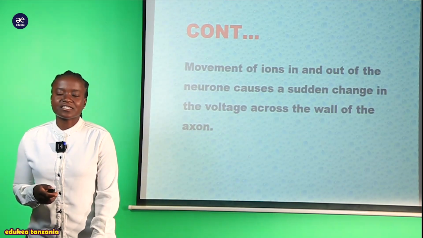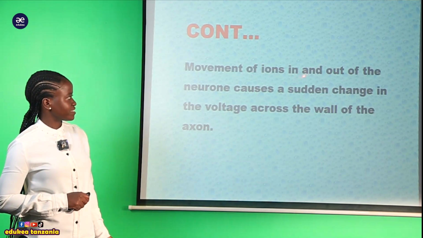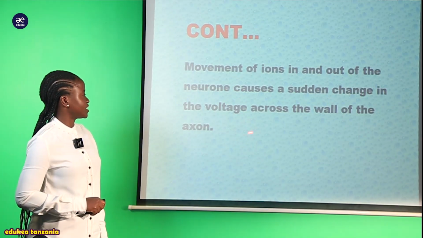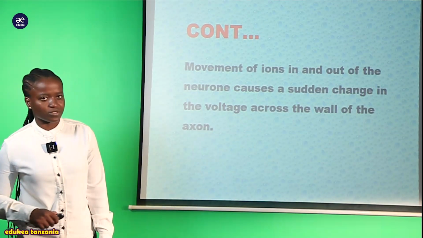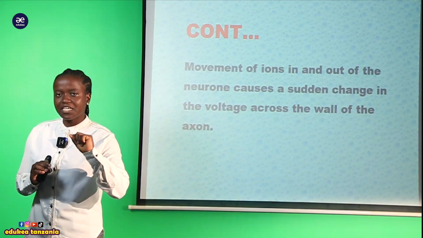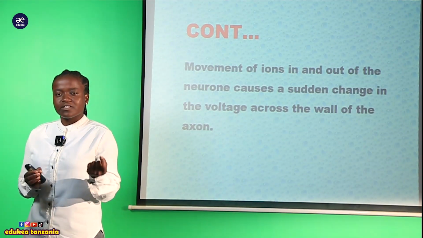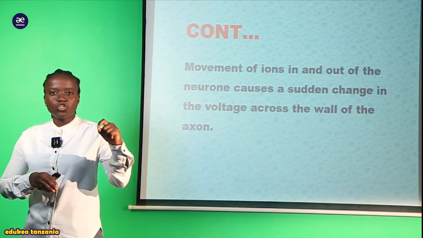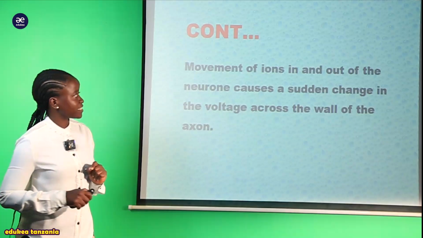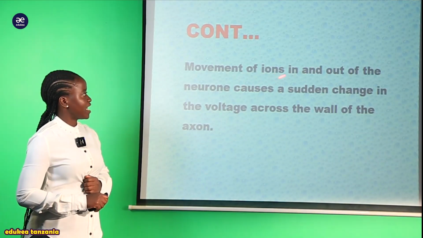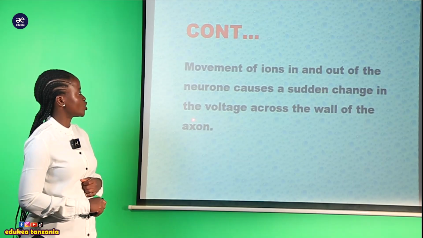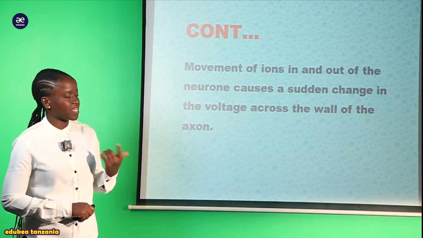So now we can say that movement of the ions in and out of the neurons causes the sudden change in the voltage across the wall of the axon. So hizi impulse au hizi nerves impulse au hizi electrical signal zinapitaje ndani ya hii neurons au nerve cells? Here my student, we are saying that hii movement ya ions out of the neurons is caused by sudden change of the voltage across the walls of the axon.